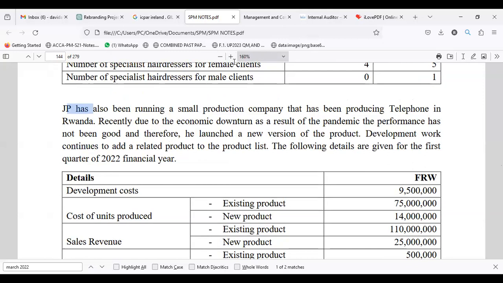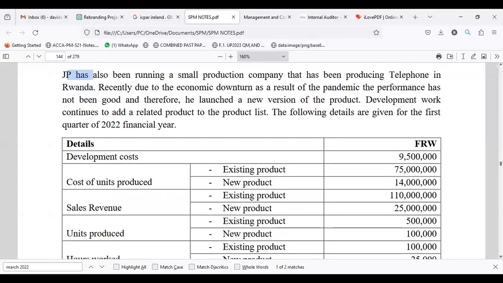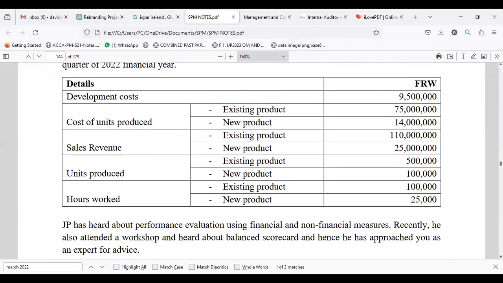Development work continues to add a related product to the production list. The following details are given for the first quarter. There are details of development cost, for the existing product, and also for the new product.